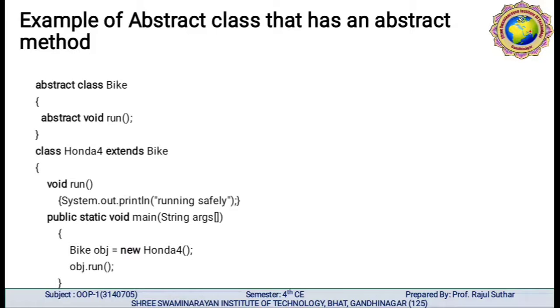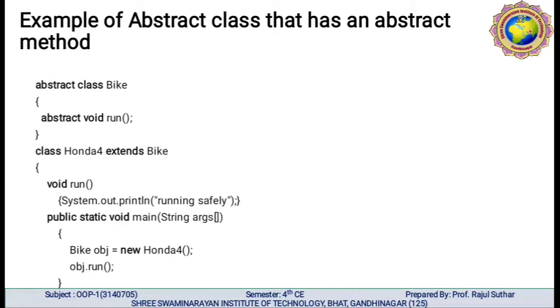So Bike is the main class and Honda4 is the subclass. Honda4 extends Bike. We require the method void run. System.out.println prints "running safely", a simple message that will be displayed on the user's screen.